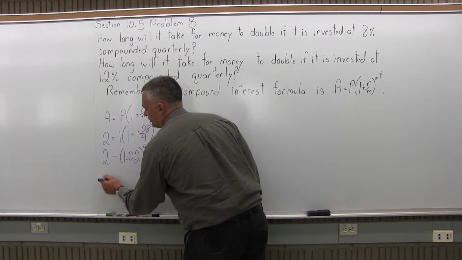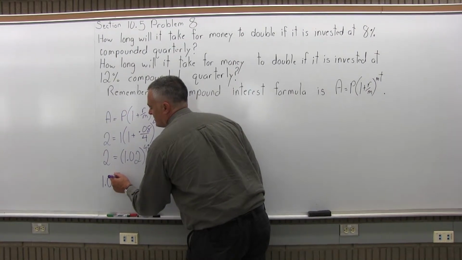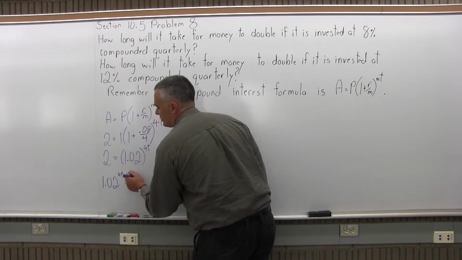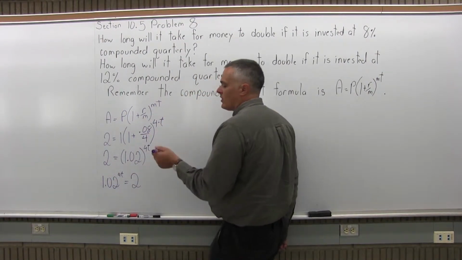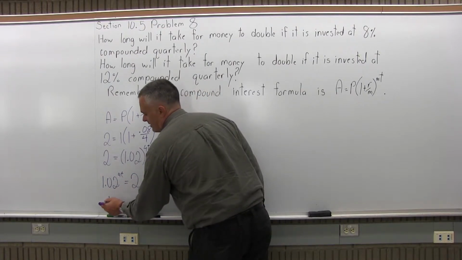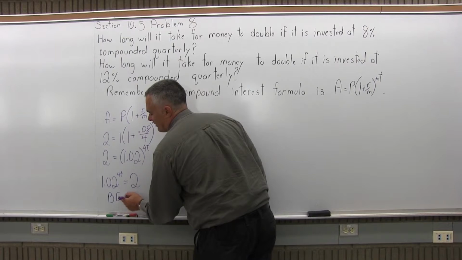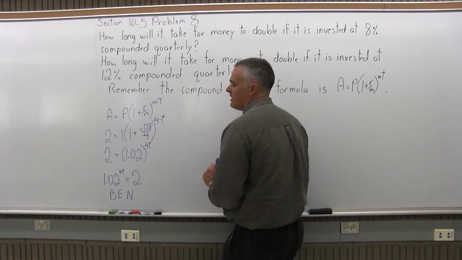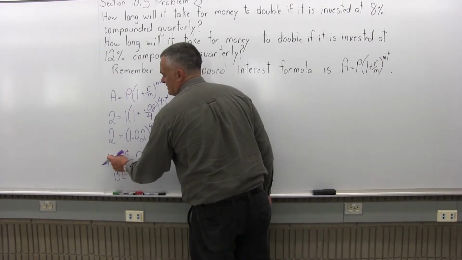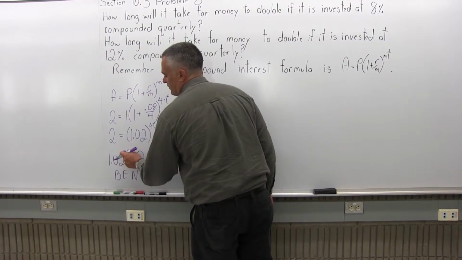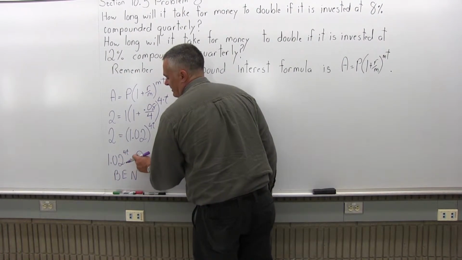I'll write 1.02 to the 4t power equals 2. And now it's written in a form that I'm familiar with converting. So for exponential form, I write Ben, B-E-N, for base exponent number. The base is 1.02, the exponent is 4t, and the number is 2.